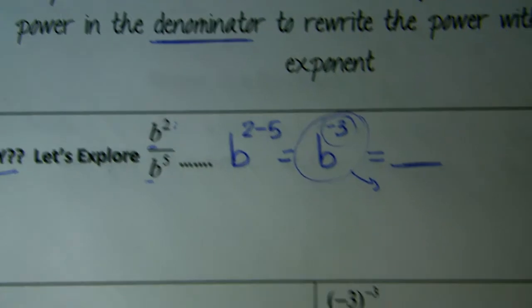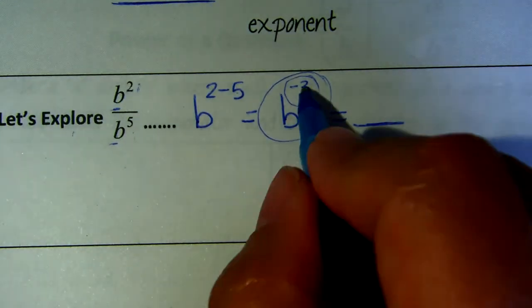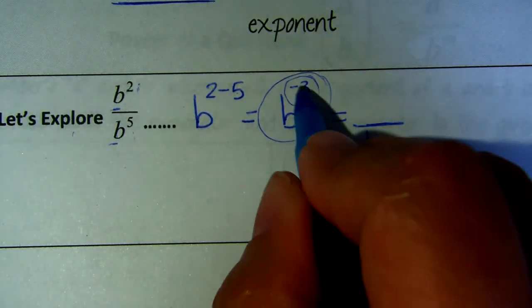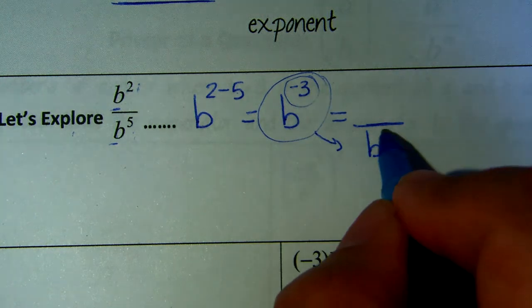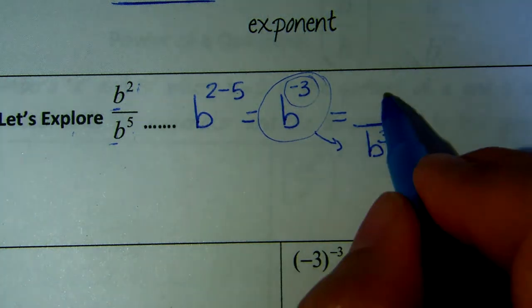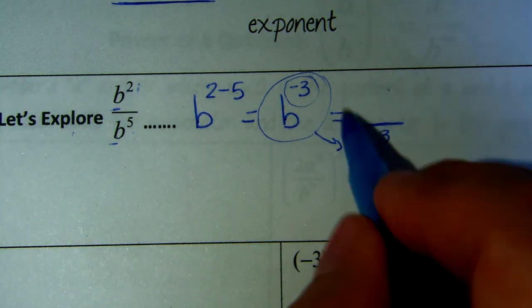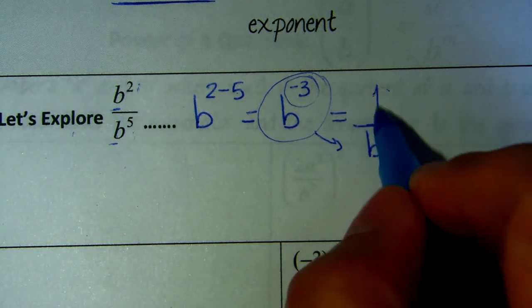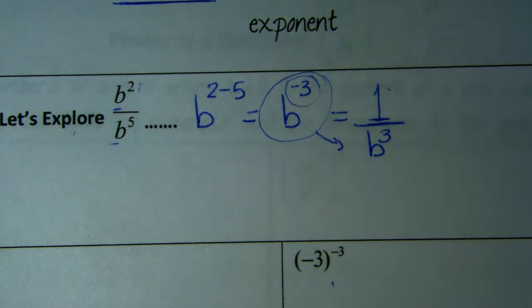It says so right here. When we send it to the bottom, this is no longer negative. Now it becomes positive 3. So what do we write on the top? We have to write a 1. Remember, the 1 is the neutral number. It completes all equations and all expressions.